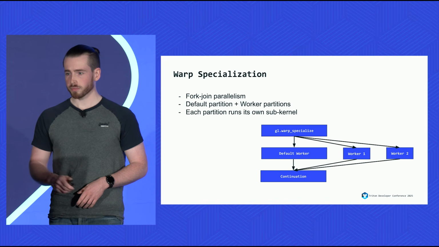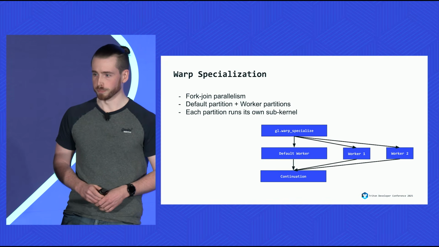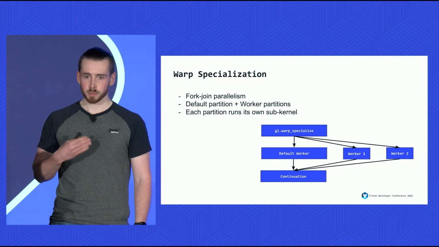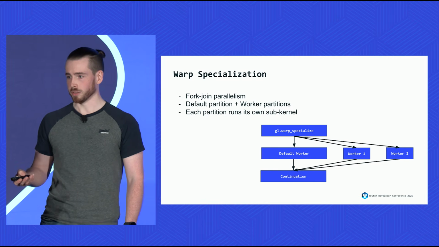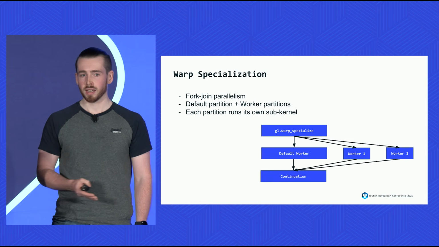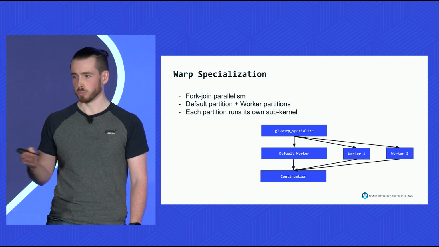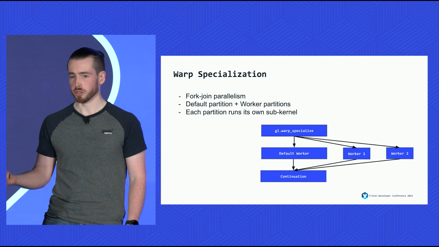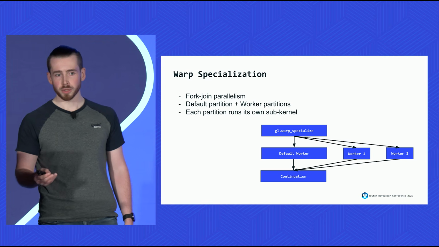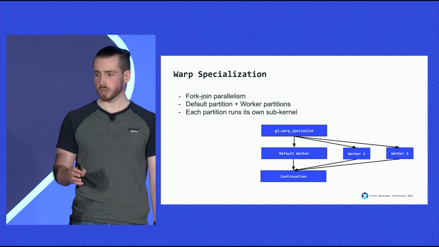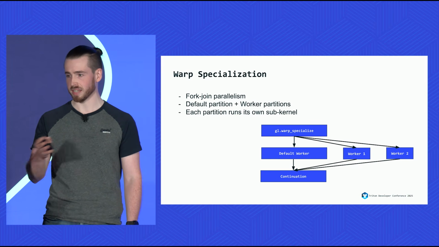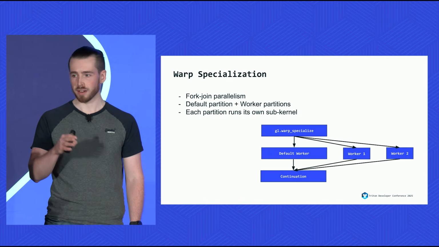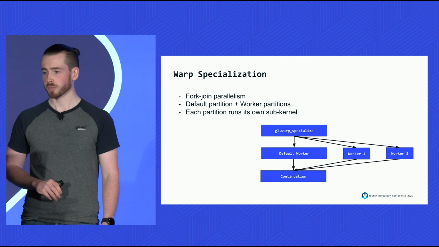But the next big difference with Gluon, the main killer feature, is that we have explicit support for manual warp specialization. What this looks like is a special op within the language called warp specialize. When you call that op, it forks the execution of the program. We have what we call the default partition, which allows you to pass tensors, and it's basically the same warps that execute everything outside of the warp specialized region.